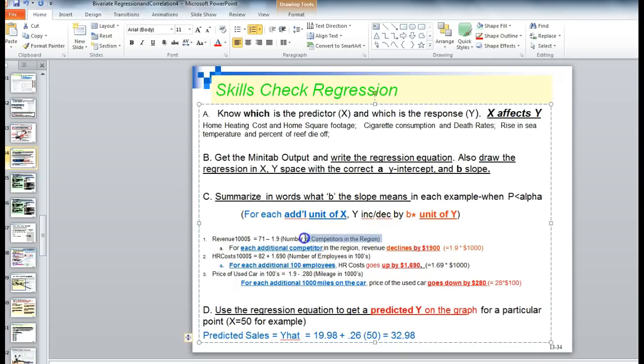All right, here we have, for example, number of competitors in the region, and that affects the company's revenues. As a number of competitors in the region goes up, what happens to revenues? They go down, don't they? Revenues go down.